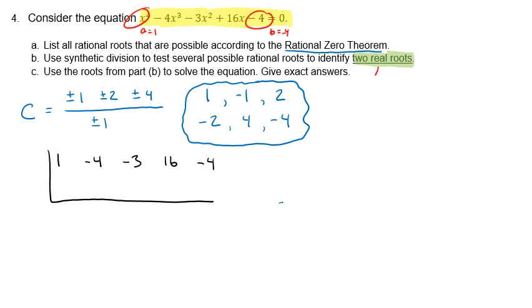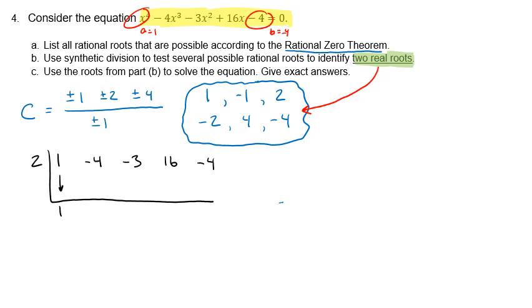So what that's telling us is we should expect 2 of those 6 numbers on that list to give us a remainder of 0. So let me start with, I don't know, I'll pick 2 at random.